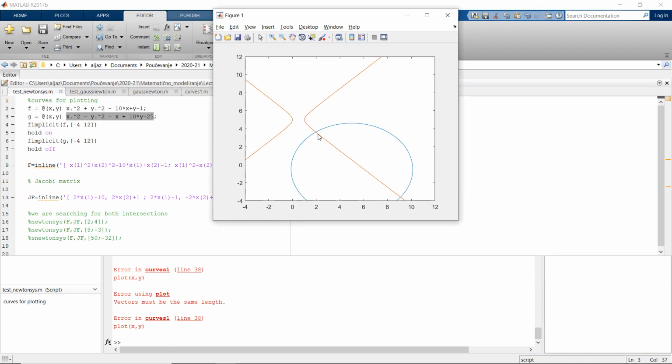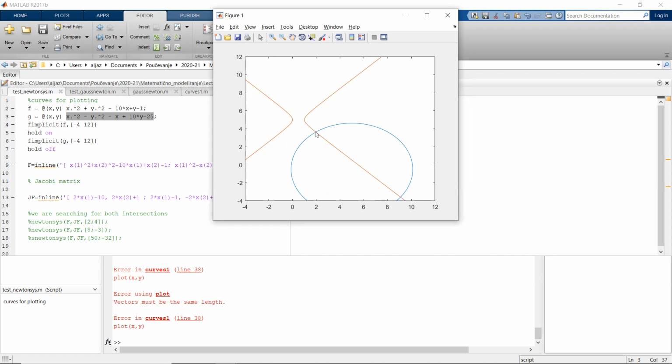You can see that we can expect two intersections. If we run our Newton's method, then for some initial approximates we will converge to this intersection, and for some other initial approximates we will converge to this other intersection.